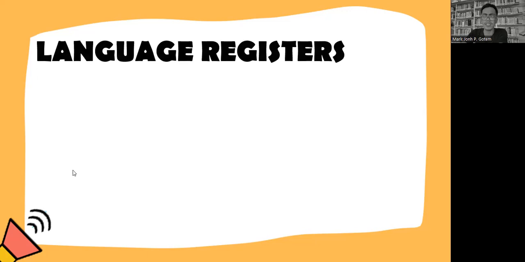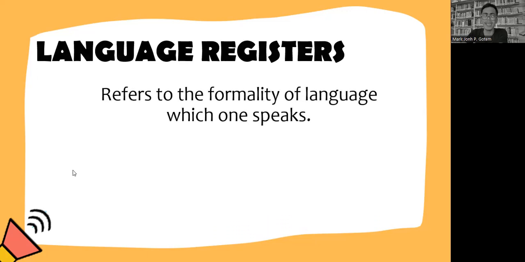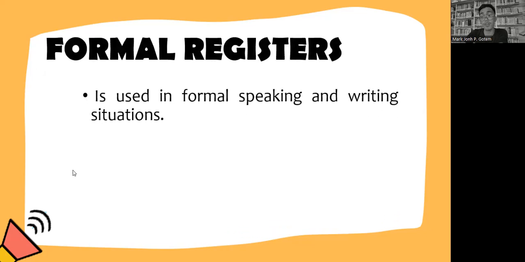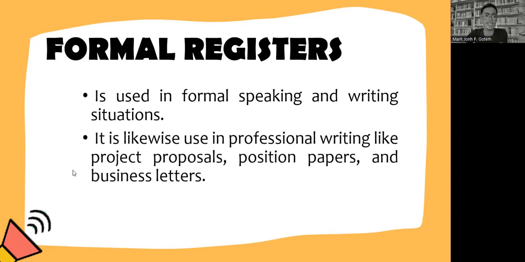Language register refers to the formality of language which one speaks. Formal register is used in formal speaking or writing situations. Of course, because we are talking about formal. It is likewise used in professional writing like project proposals, papers, position papers, and business letters.